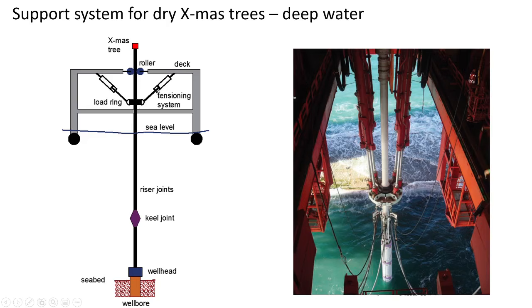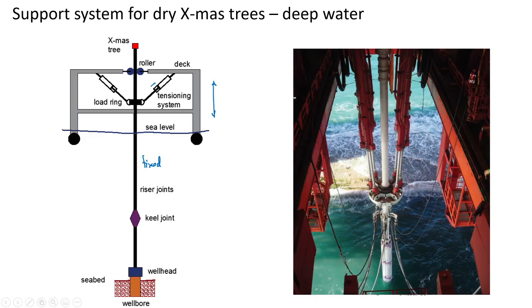These are some hydraulic pistons, and you hold the riser with a load ring, and then you have a roller. So this part is fixed all the time, and this is moving up and down. With this tensioning system, you're actually controlling that you keep it always in the same location depending on the movement of the vessel.